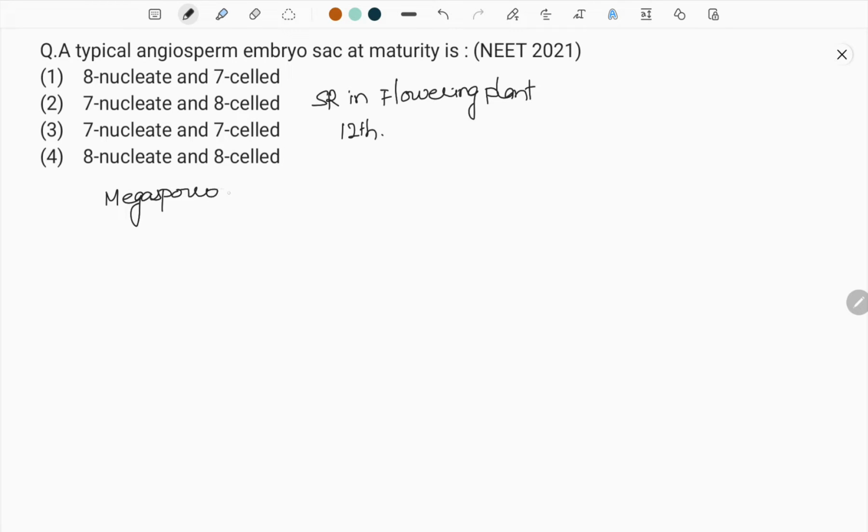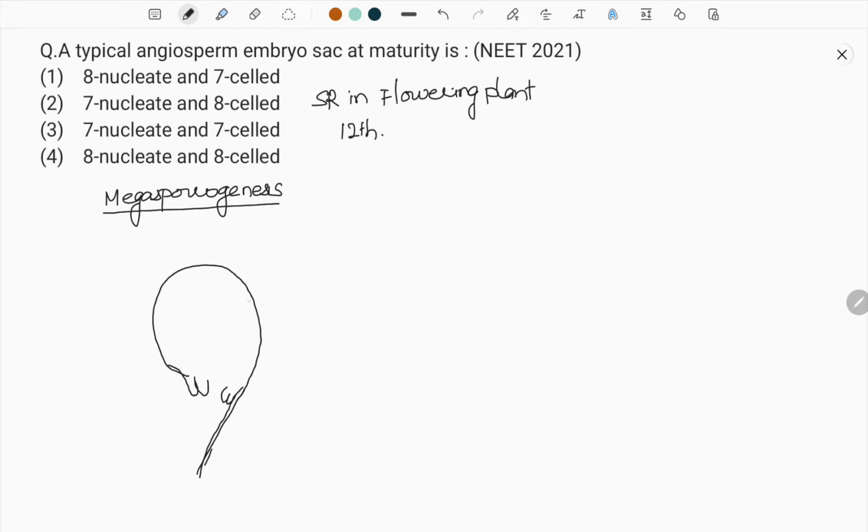Megasporogenesis is nothing but formation of megaspore from the megasporangium. Megasporangium is something that we commonly call an ovule. So I am drawing here the anatropous ovule. Anatropous ovule shows 180-degree curvature.